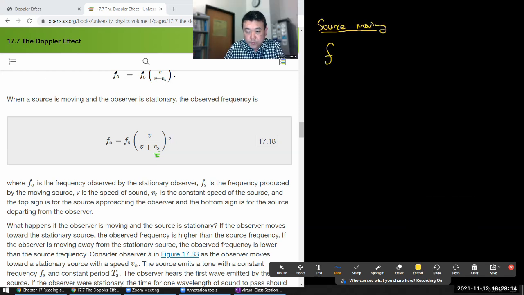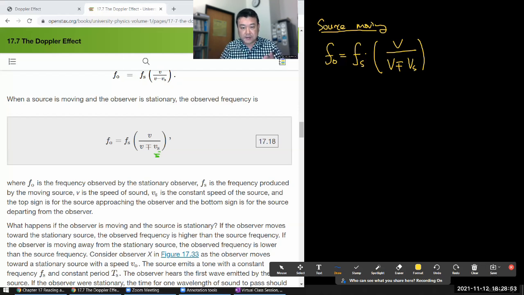The observed frequency is equal to the source frequency times the speed of sound divided by the speed of sound minus plus the speed of the source. And this minus plus sign relates to whether the source is moving towards the observer or away from the observer. Top sign is for the source approaching the observer, so minus when the source is moving towards the observer, and the bottom sign is for the source moving away from the observer. So this is one formula for Doppler shift.